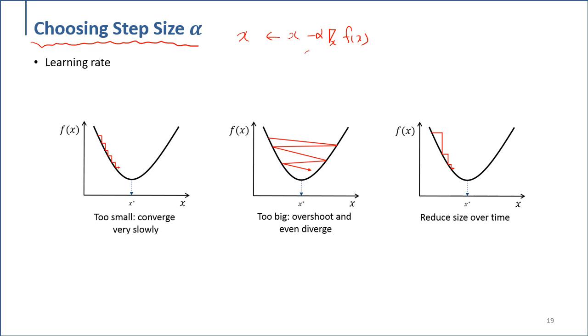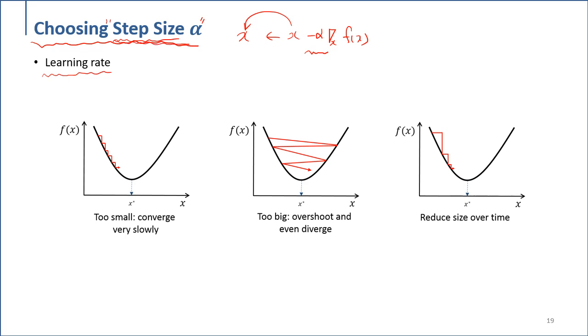By choosing a proper value of alpha, which we call the step size, we update the new x value. The step size alpha is also called the learning rate.